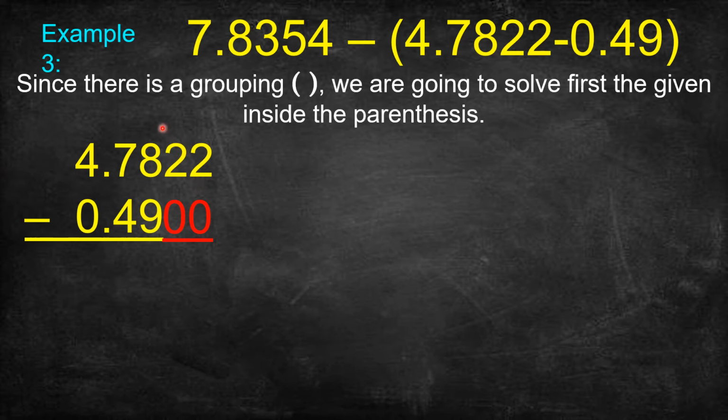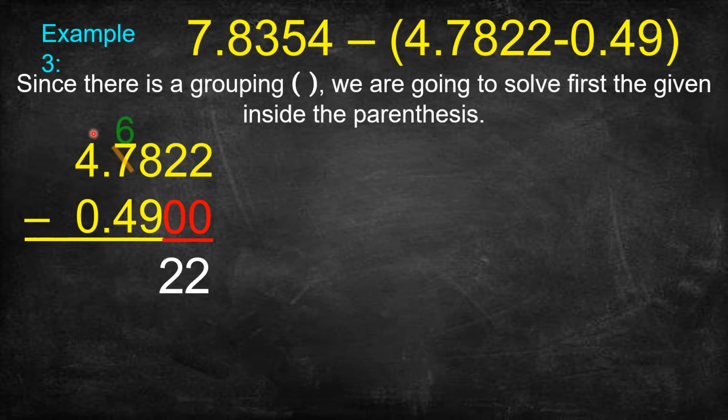Yan. And then, after you put zeros, you can now subtract. So, we have 2 minus 0, that is equal to 2. And 2 minus 0 is equal to 2. 8 minus 9. It cannot be subtracted dahil mas maliit yung nasa itaas kaysa dito sa baba. So, manghihiram tayo dito sa katabi niya which is 7.